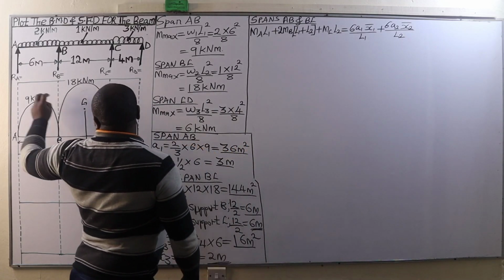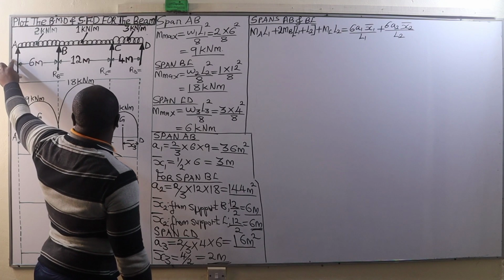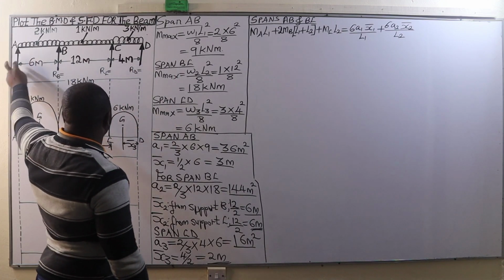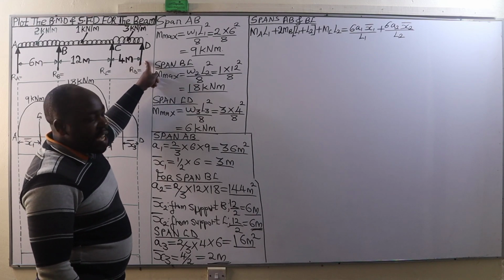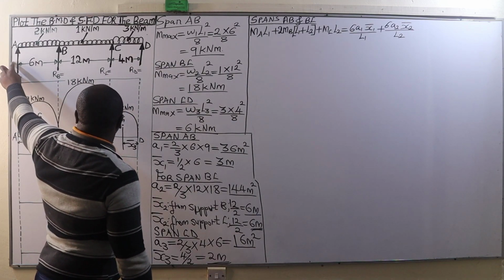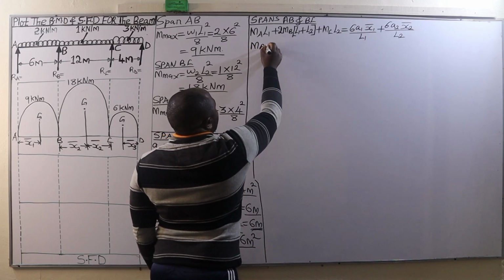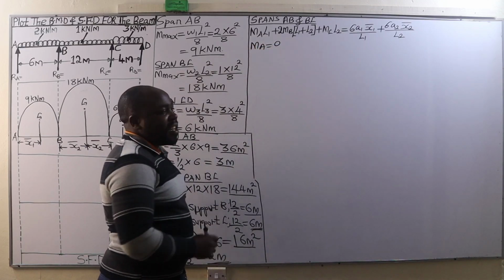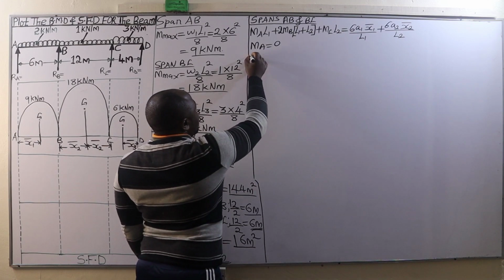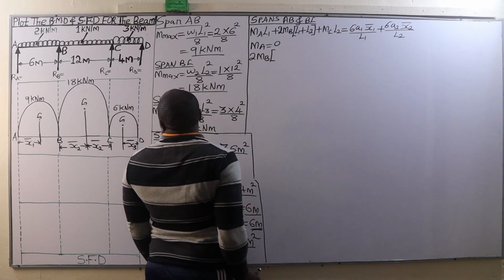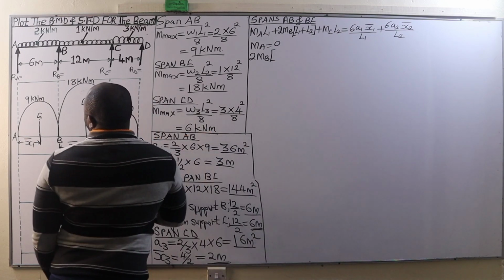Now in this case, the bending moments at the end supports are going to be 0. And that means that the bending moment at A will be 0. Therefore, MA equals 0. And we are going to have 2MB into bracket L1, which is 6 meters.